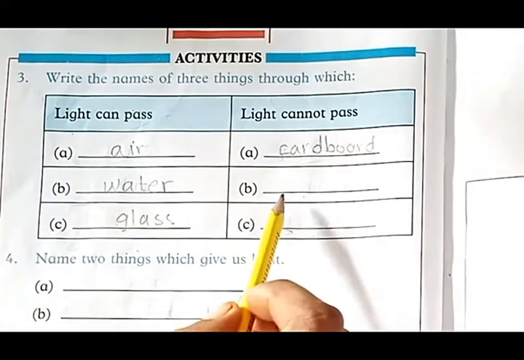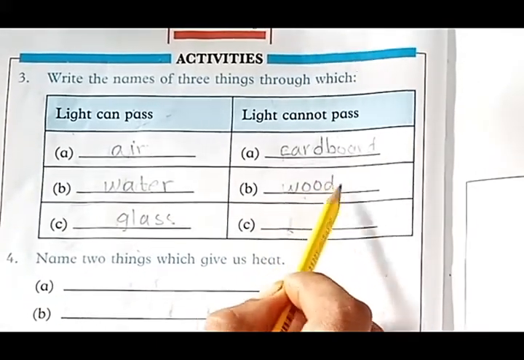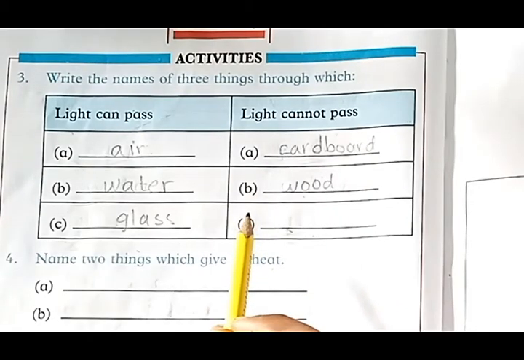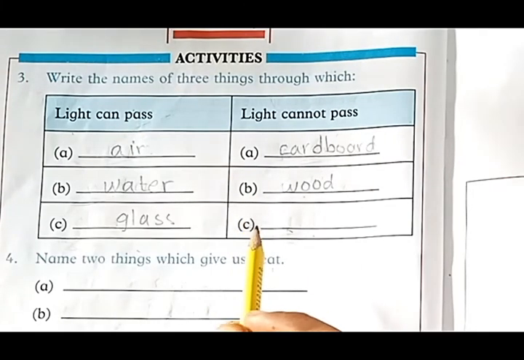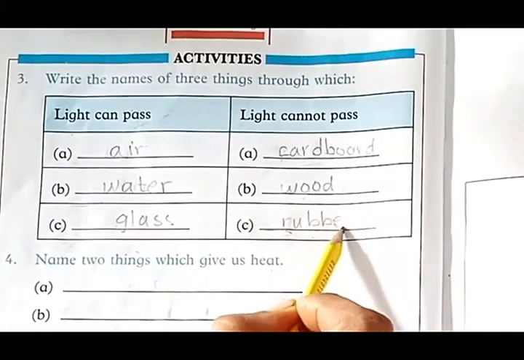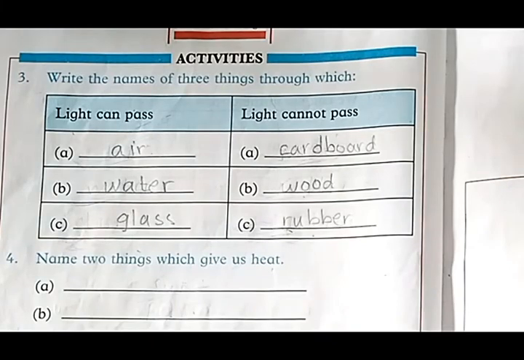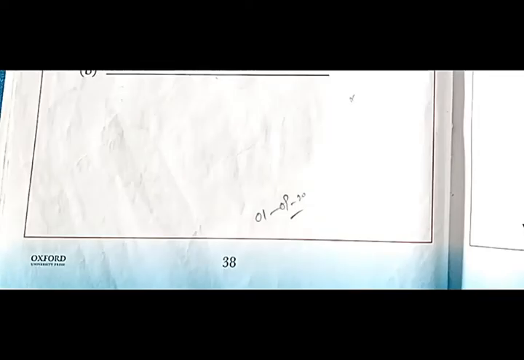And it cannot pass through the wood. Yes. And it cannot pass through the rubber. Okay, you will fill in these blanks in your book, which is on page number 38.